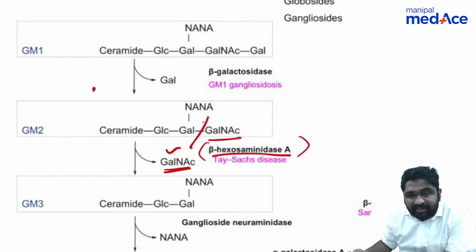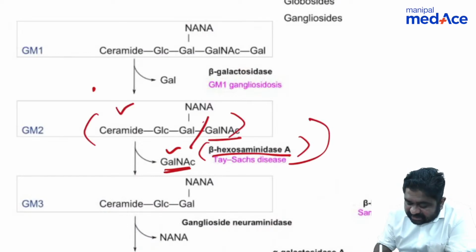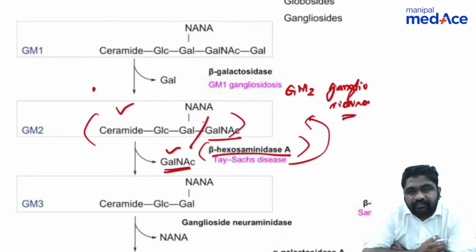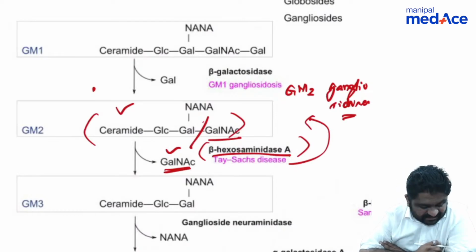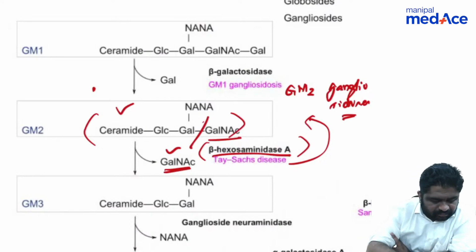If this is not being liberated, then GM2 will accumulate. So Tay-Sachs is an example of GM2 gangliosidosis. Did you understand this? Tay-Sachs disease is an example of GM2 gangliosidosis. Yes or no?